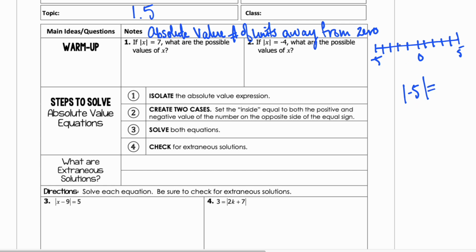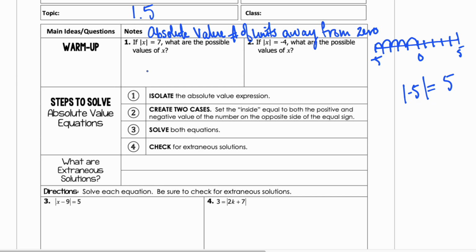I'm asking you, how many units away is -5 from zero? So you would start here and you'd count 1, 2, 3, 4, 5, and we would say that -5 is 5 units away from zero. So that's how we find the absolute value.